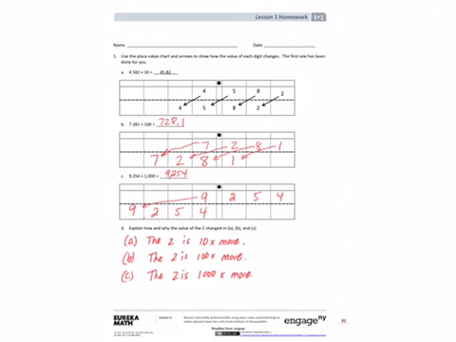Next page. If you look here, 7.281, since we're multiplying by 100, 10 times more, 100 times more. Multiplying by 1,000, so starting here in this place value, 10 times more, 100 times more, 1,000 times more.